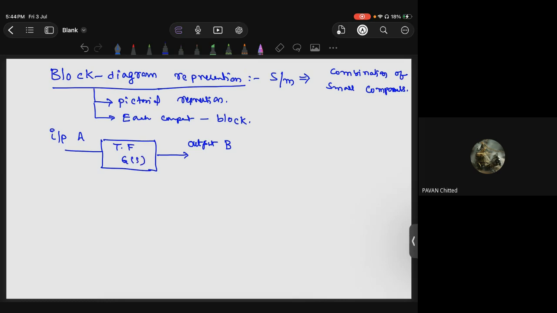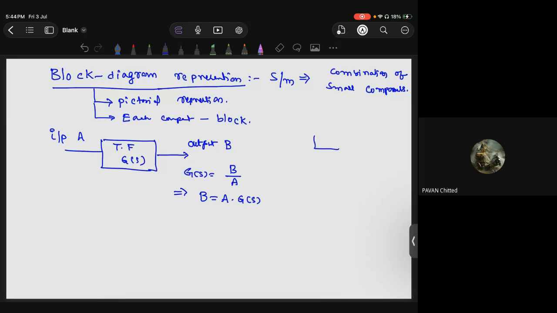So here we could write D equal to... What is the transfer function basically? The transfer function says that G of S equals D by A. It means D equals A times G of S. Output is equivalent to input multiplied by the transfer function. This same thing we can represent like this.